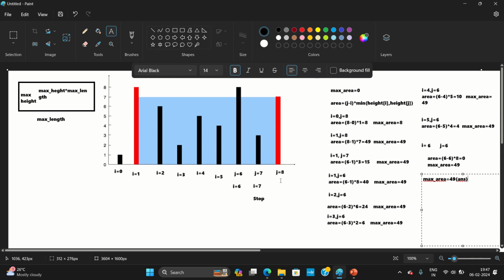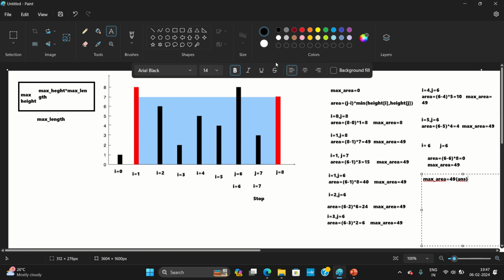Or vice versa, if pointer i has the biggest height, then every time j will be moving backward, traveling the whole array, or in the former case, i will be moving throughout the array.